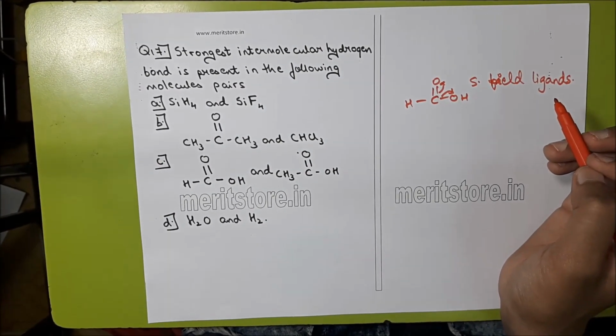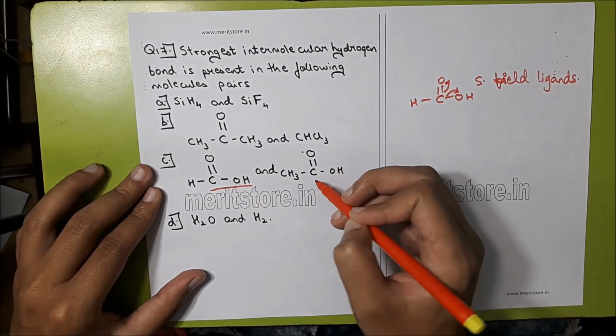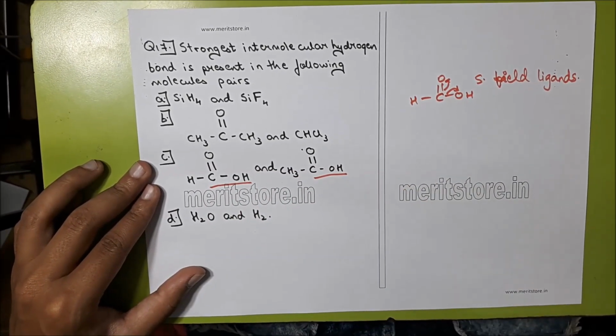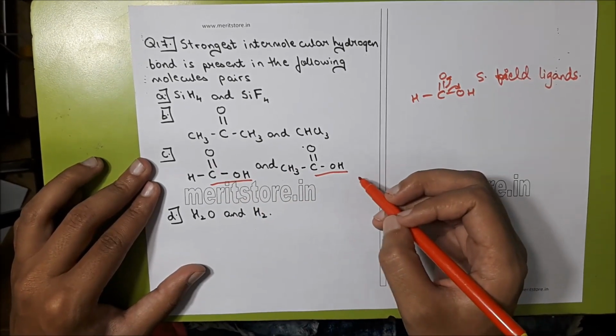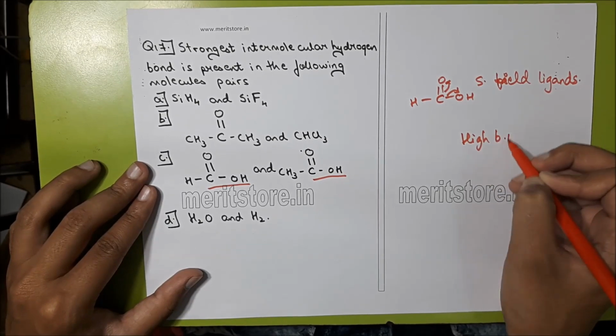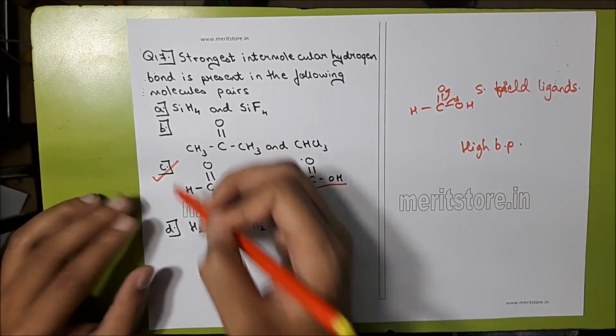This is our carboxylic acid group, as in formic acid and acetic acid. That's why carboxylic acids have a higher boiling point, because of strong intermolecular hydrogen bonding. So option C is the correct option.